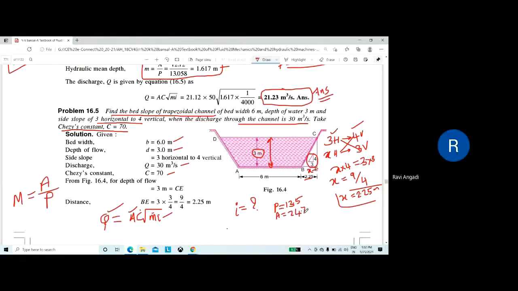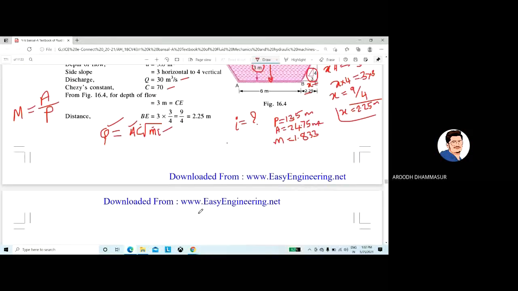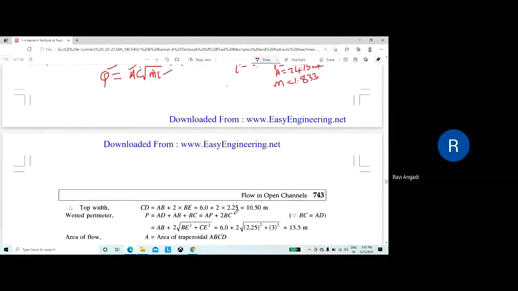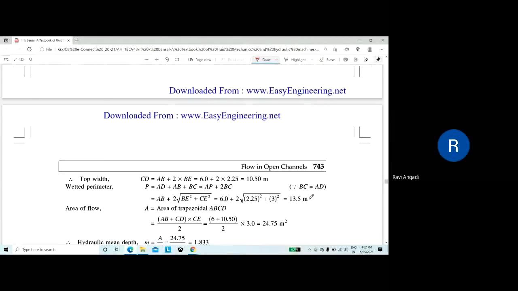All of you check this answer. And M is 1.833. Wetted perimeter 13.5 is correct. Area 24.75 is correct.